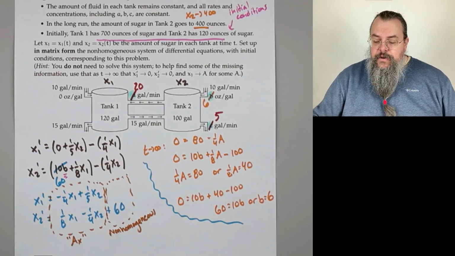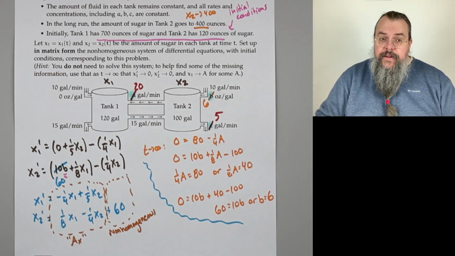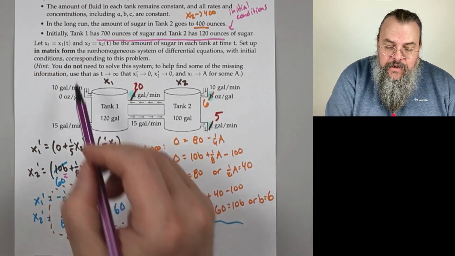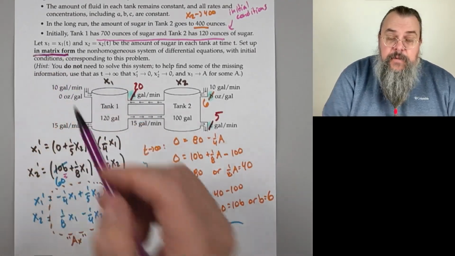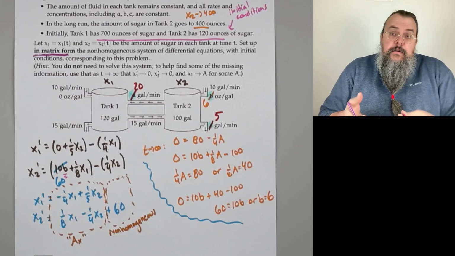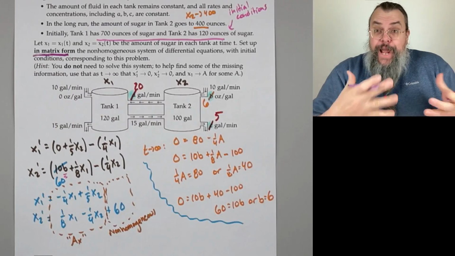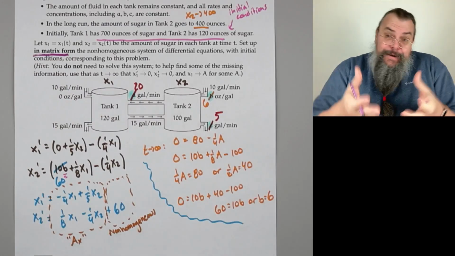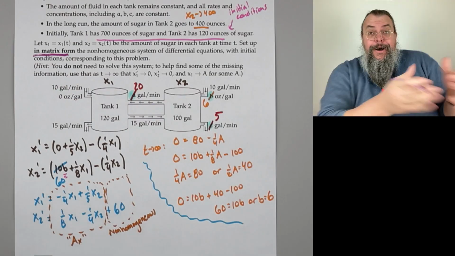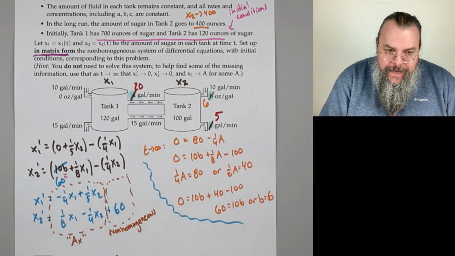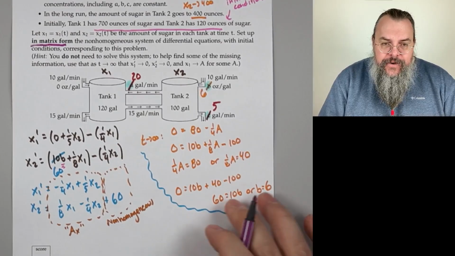Now we can write our answer, because it does say write it in matrix form. In fact, it even makes it bold. It's very precise. Okay, so we have our final answer.